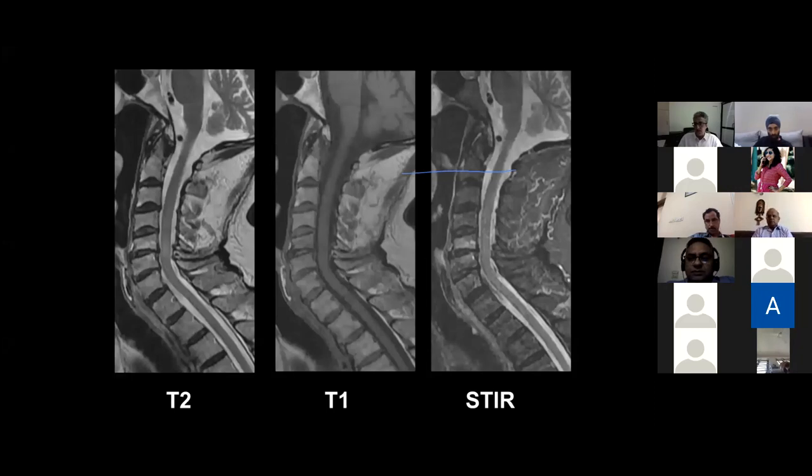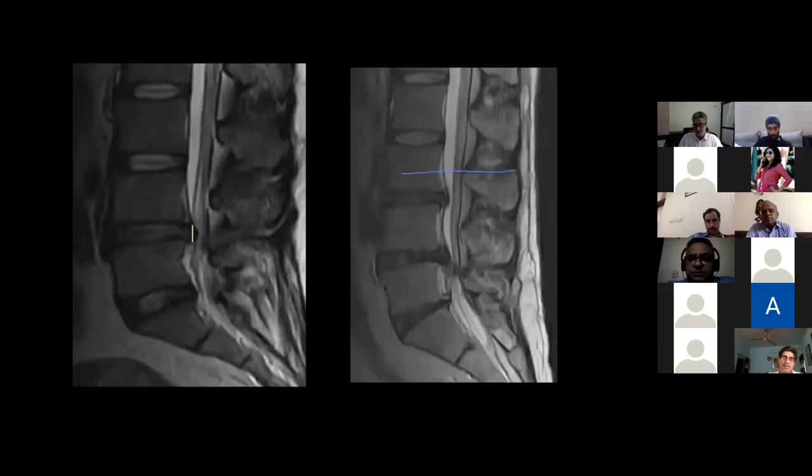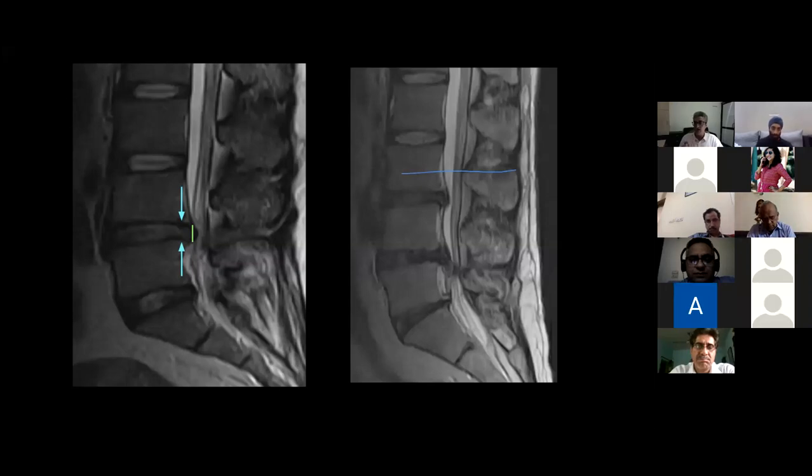In the lumbar spine, I asked many orthopedic surgeons, even in the UK, I discussed this with them. The most important thing I could get was whether the CSF around the cauda equina nerve roots is effaced.